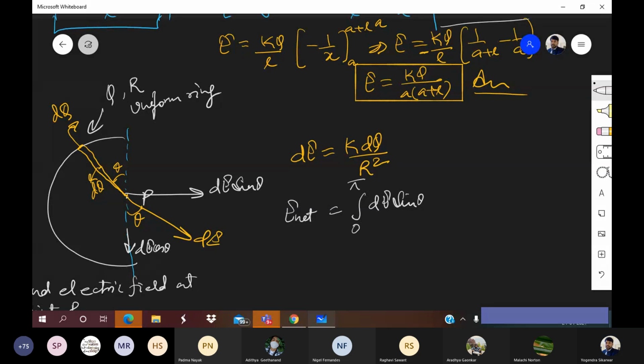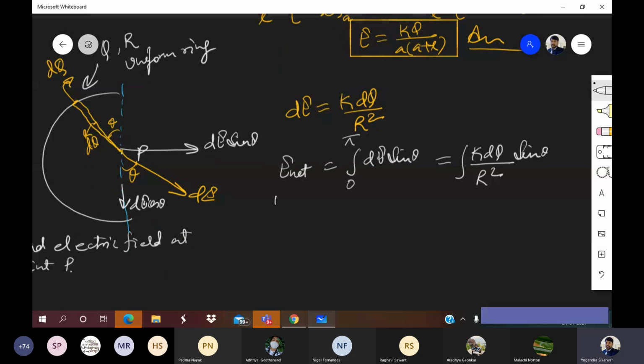Now integration of dE is k dq upon r square into sin theta. Now how much is the value of dq? Pay attention. In pi angle, charge is q. So in unit angle, it will be q upon pi. So in d theta angle, it will be dq, and that will be q upon pi d theta.